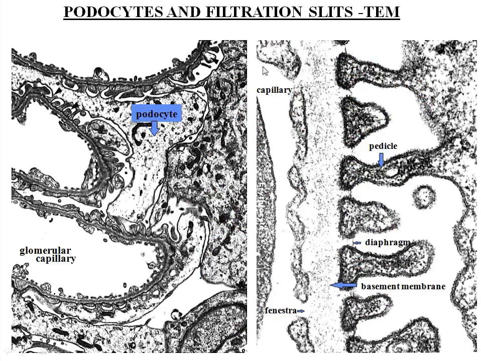From here to this side, everything is a blood capillary, and to this blood capillary these podocyte processes, the pedicels, are attached, anchored on the external wall of the endothelial cells, and that way they form these opening gaps.